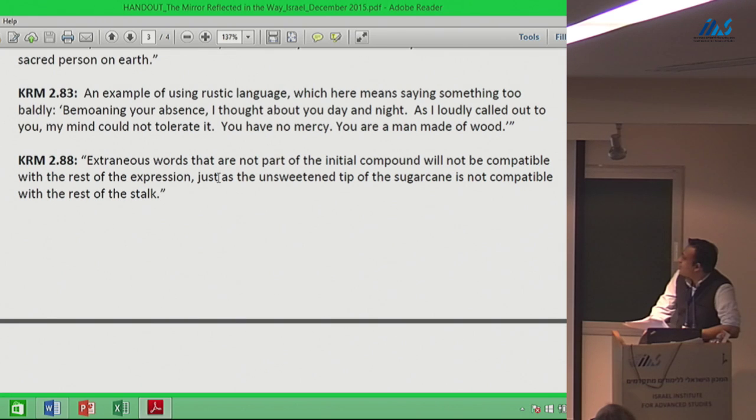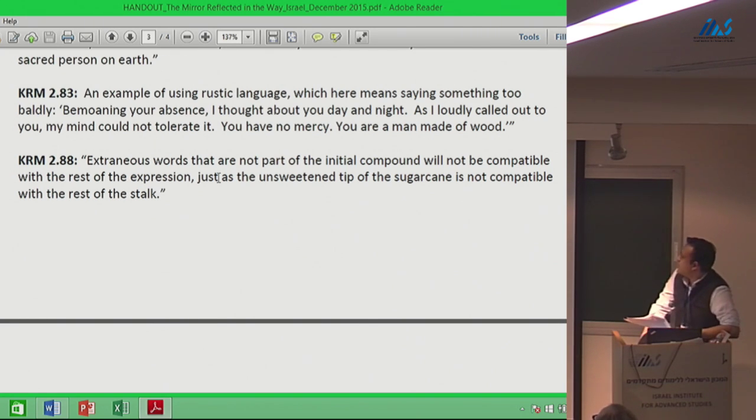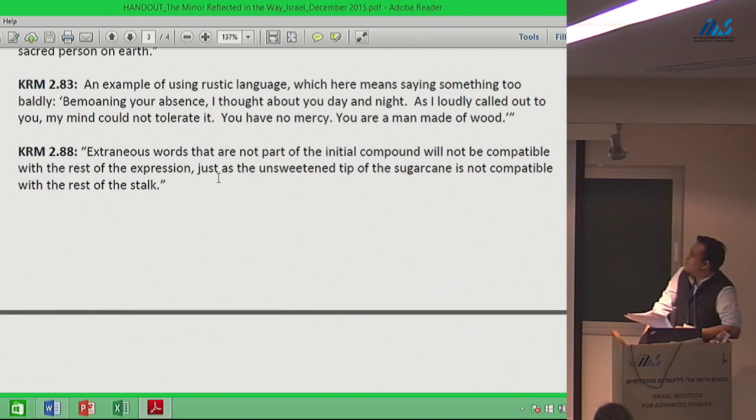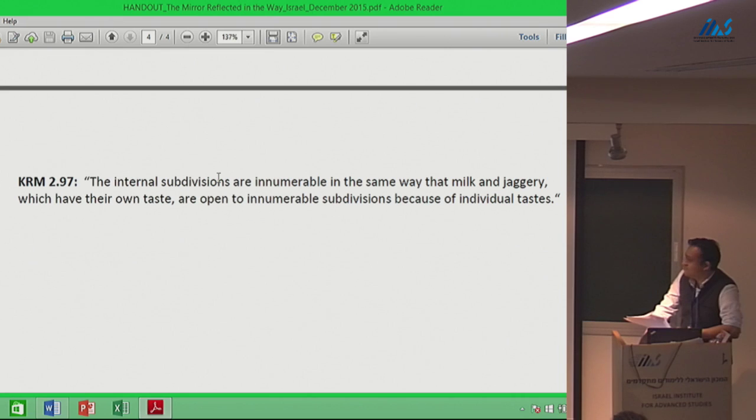Extraneous words that are part of the initial compound will not be compatible with the rest of the expression, just as the unsweetened tip of the sugarcane is not compatible with the rest of the stalk. And anyway, he has a couple other ones. He says that you shouldn't use archaic words. This is the very famous one that I think is in Sheldon Pollock's work as well.